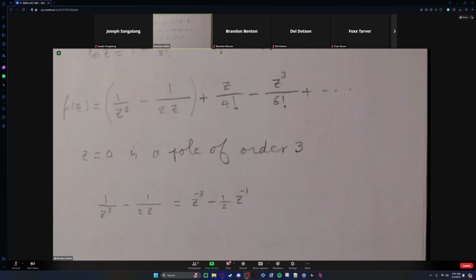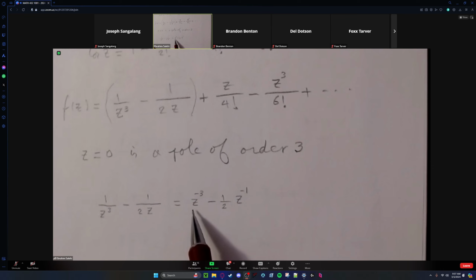By writing it, I mean in the denominator there will be positive exponents, of course, right? But you can write it this way. These are negative. So if you write the Laurent series and you don't have any terms like this, then you have a removable singularity.